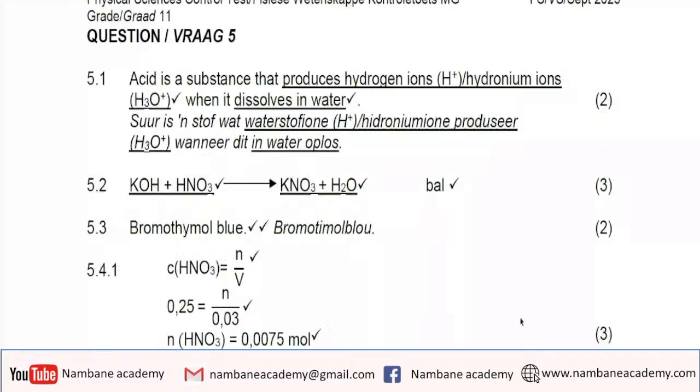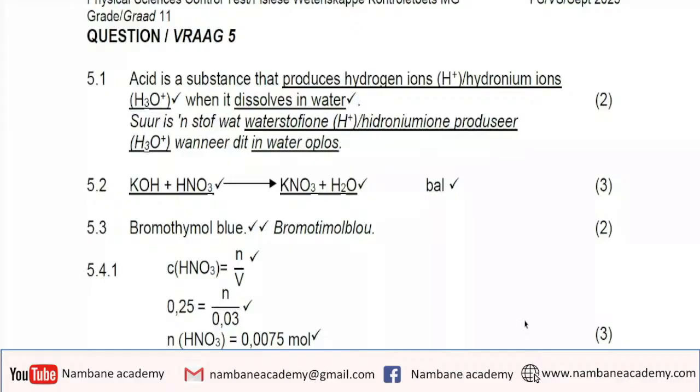So here there is part marking. You will mark it for anything showing the production of hydronium ions, and the hydronium ions can be written as a formula, as H plus, production of H plus or production of H3O plus. That's where the first mark should be awarded. And then it must be stated that it dissolves in water, as the second mark.